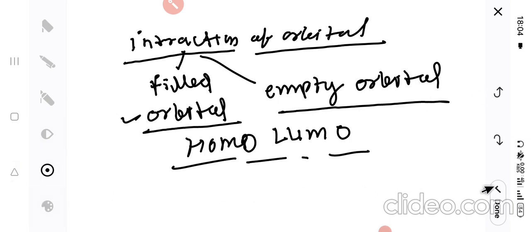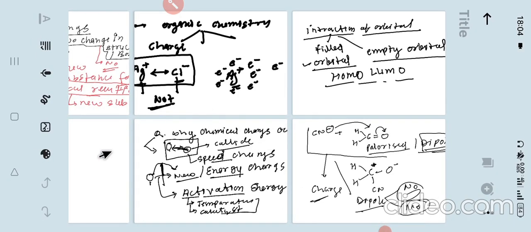An example is, why does this reaction occur?